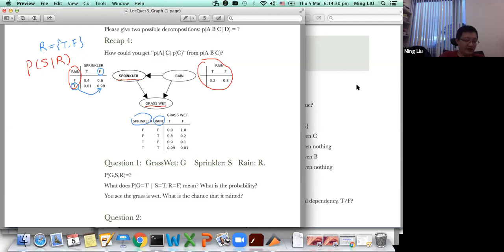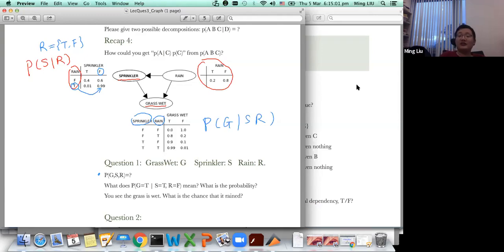Then you have the P of grass given the states of S and R. So this is the system we will study, and the question is, firstly, how can you write out the joint distribution? What is the joint distribution in this case?